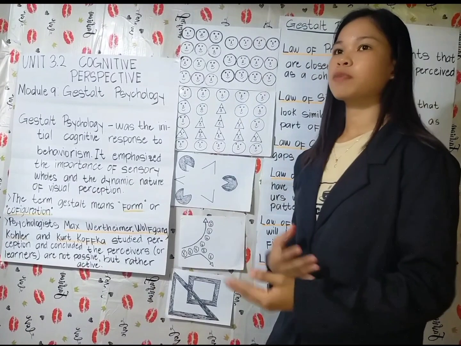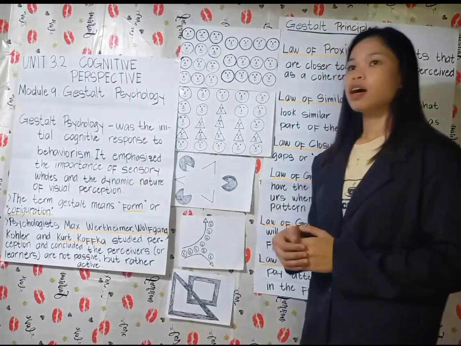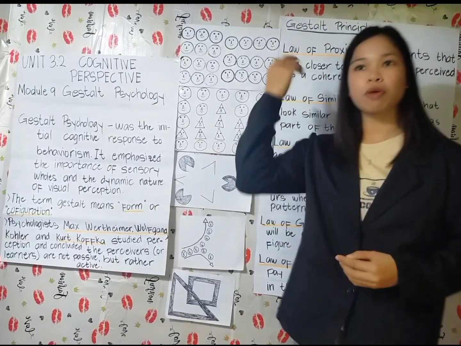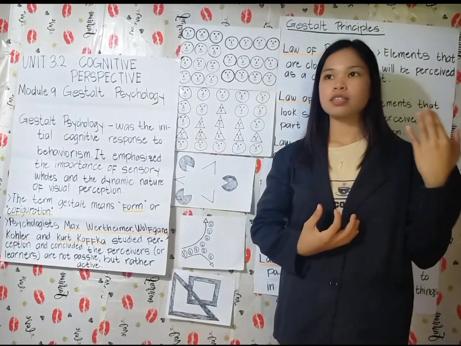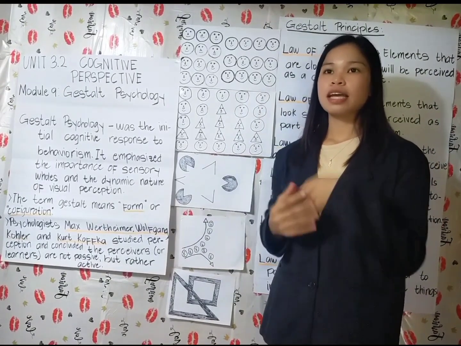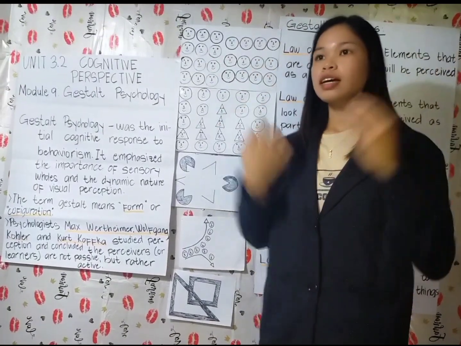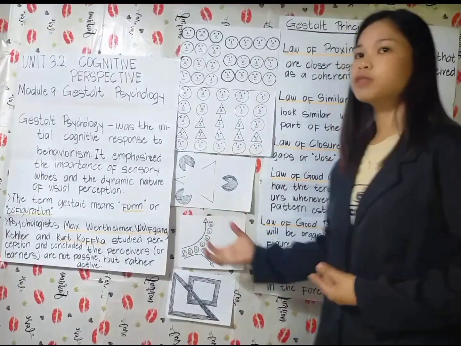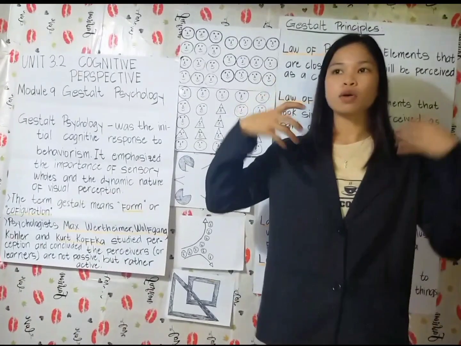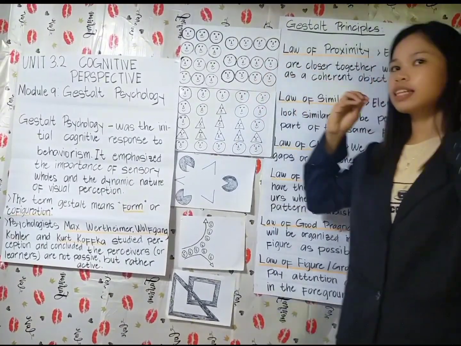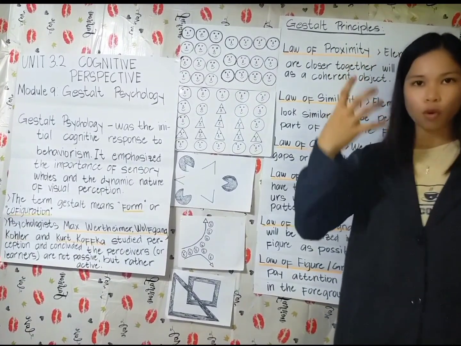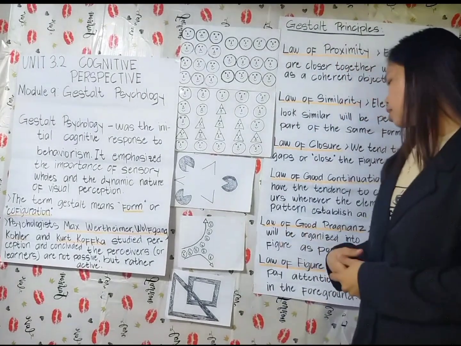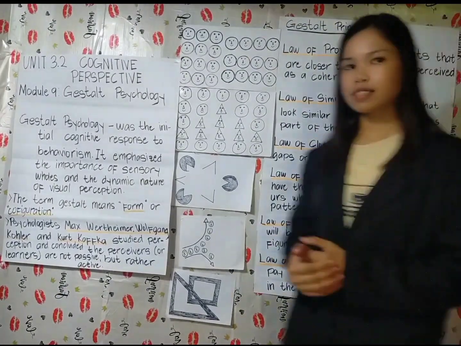It holds that when you're presented with a set of ambiguous or complex objects, your brain will make them appear as simple as possible. It's innate to our brain that when presented with an object like this, it would understand it in the simplest possible way. So that is the law of good pregnancy.